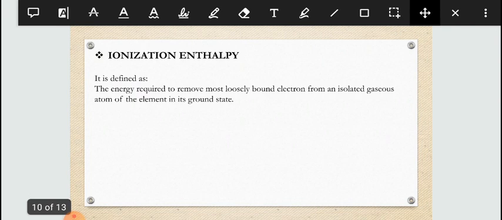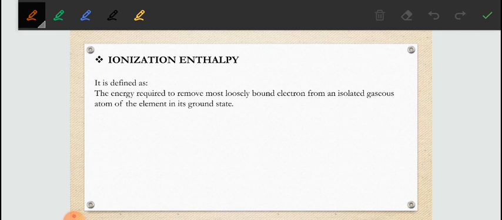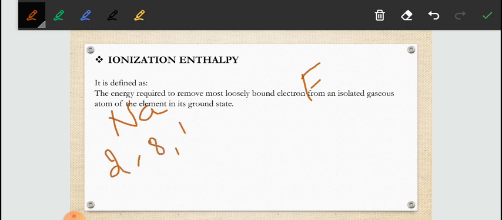Now let's talk about the next property, that is ionization enthalpy. Ionization enthalpy again depends on the nuclear charge. Ionization enthalpy is the energy needed to remove the last electron from the outermost shell of a gaseous atom. For example, I am giving you the case of sodium and fluorine. Sodium's atomic number is 11, that is 2, 8 and 1, and fluorine is 2 and 7.